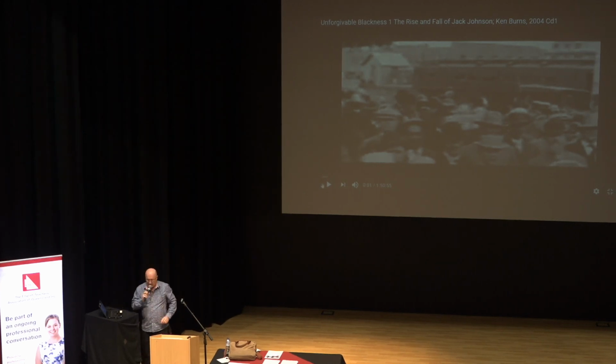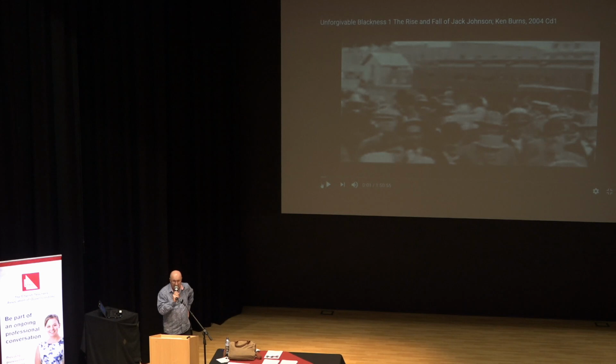So it's a documentary called Unforgivable Blackness. Ken Burns, very famous American documentary filmmaker. And it's about the rise and fall of Jack Johnson, not the decline and fall of the Roman Empire. And here is the first, I won't tell you, because this is the information that's going to tell you. Well, what I want you to be listening for is general sort of background setting information.